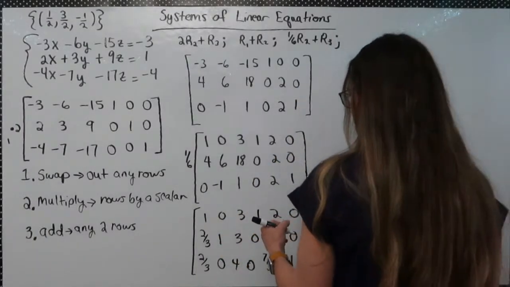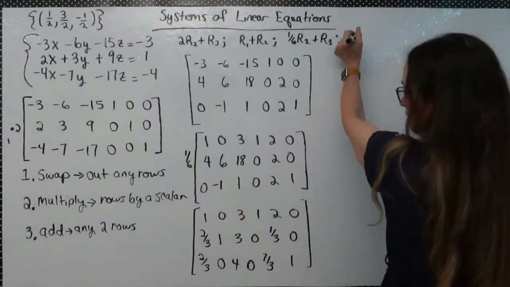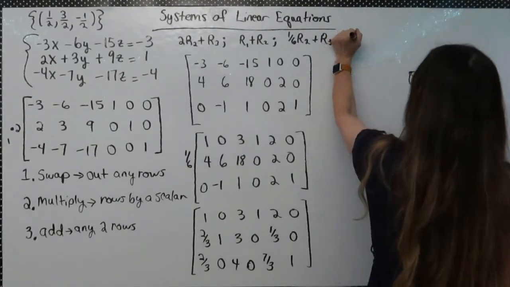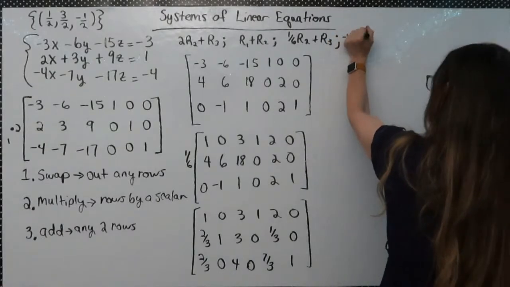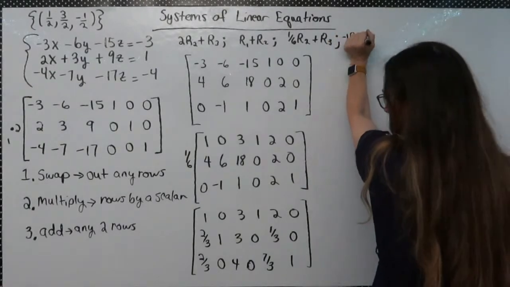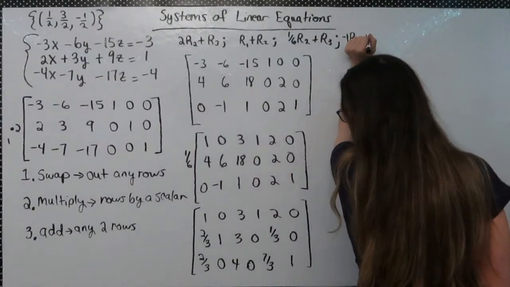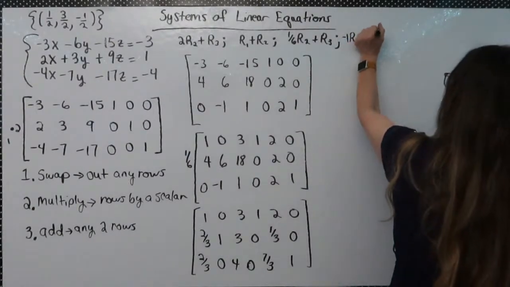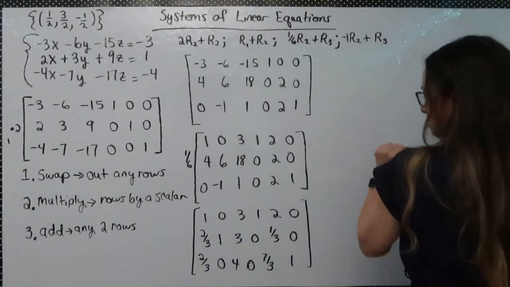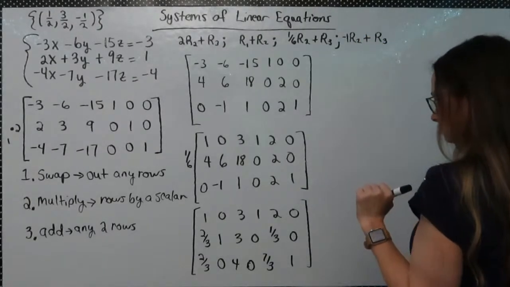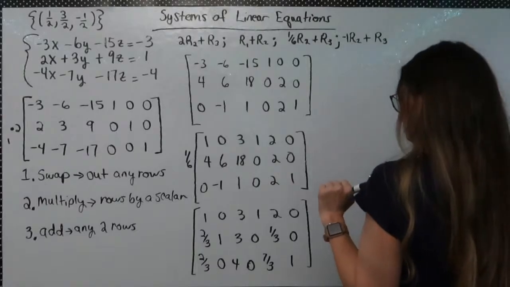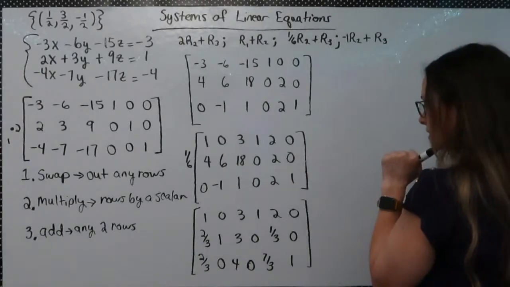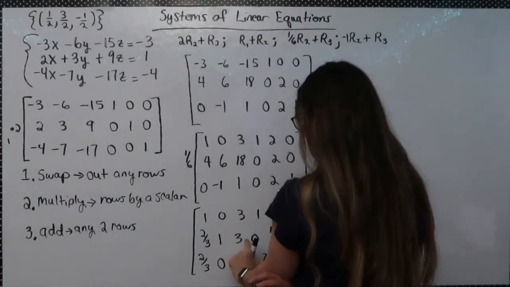Let's do that. So we're going to say -1 row 2 plus row 3. Just like that. It'll turn this one into 1.